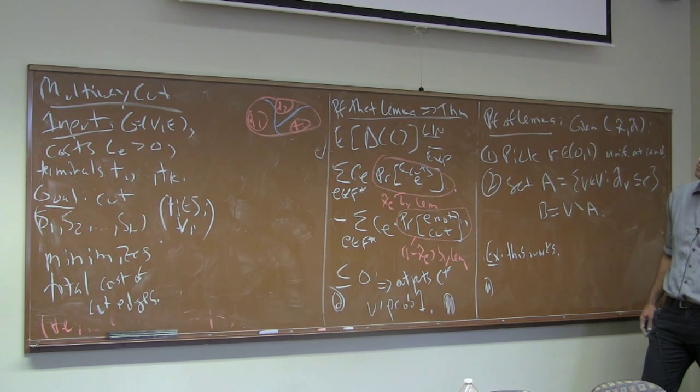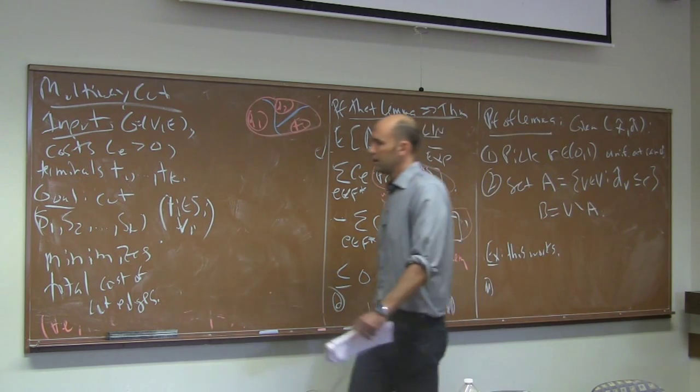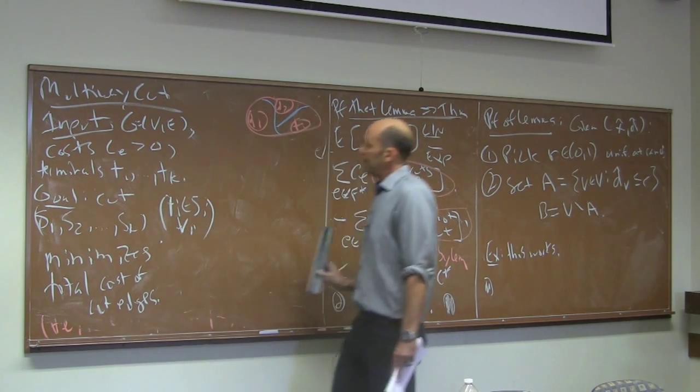Certainly one way you could convince yourself something's going on is you could play with some small examples and observe that the analog of the Max-Flow-Min-Cut theorem doesn't hold once you have 3 terminals. That's probably how I would start developing intuition about why something more complicated is going on.